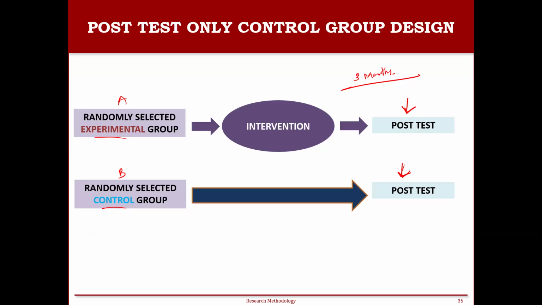So for example, let's say you want to test a new online learning platform, comparing the students' test scores in a course after the course period. So you are going to test the effectiveness of the online learning platform.